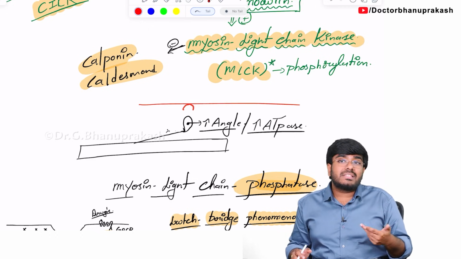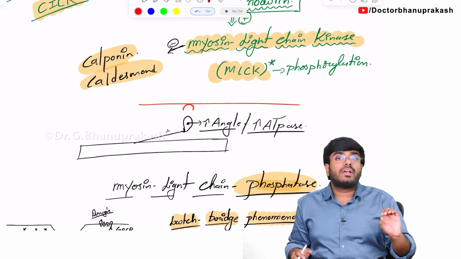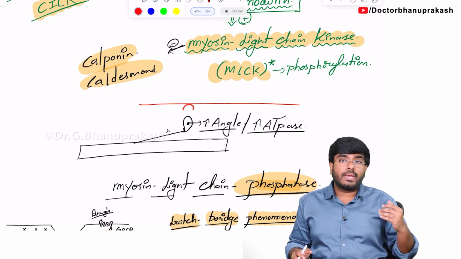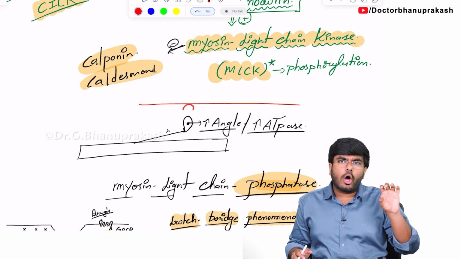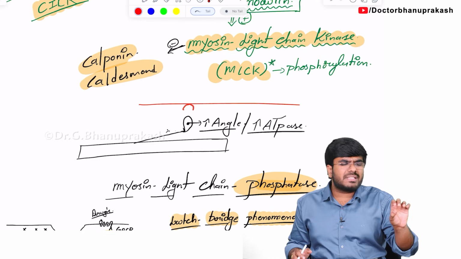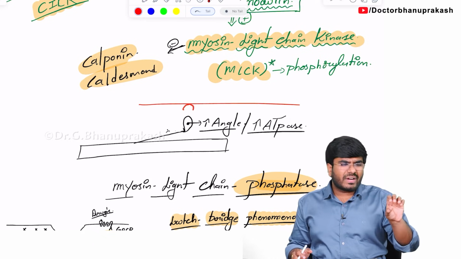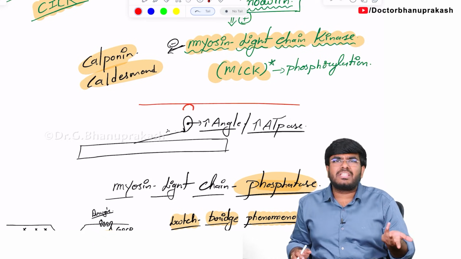So, where do we want such latch bridge phenomena? In the smooth muscles. Why? To properly maintain the tone of the smooth muscles. In our body, in order to maintain the BP, the smooth muscles always need to be contracted, and there should be a certain degree of contraction. For that contraction, I can't use much energy 24/7.